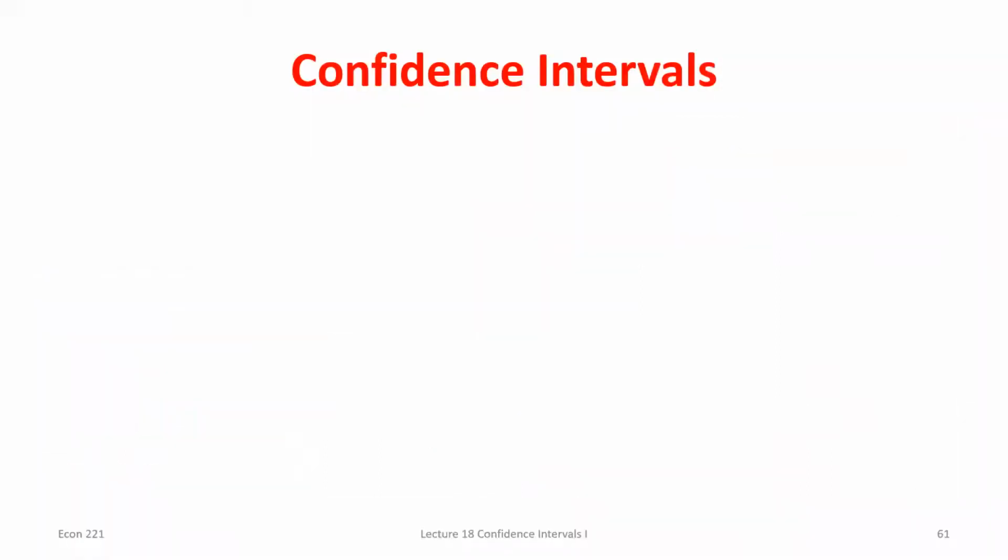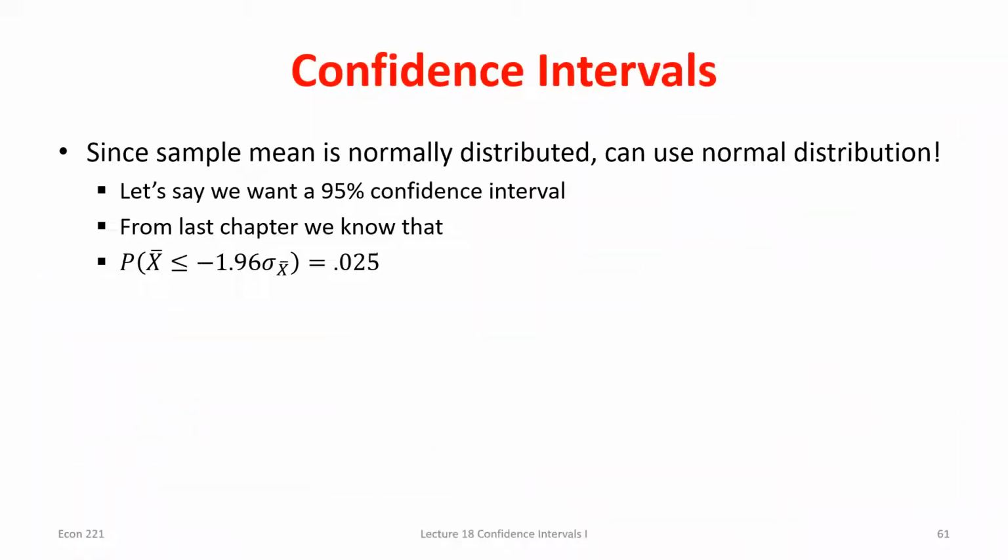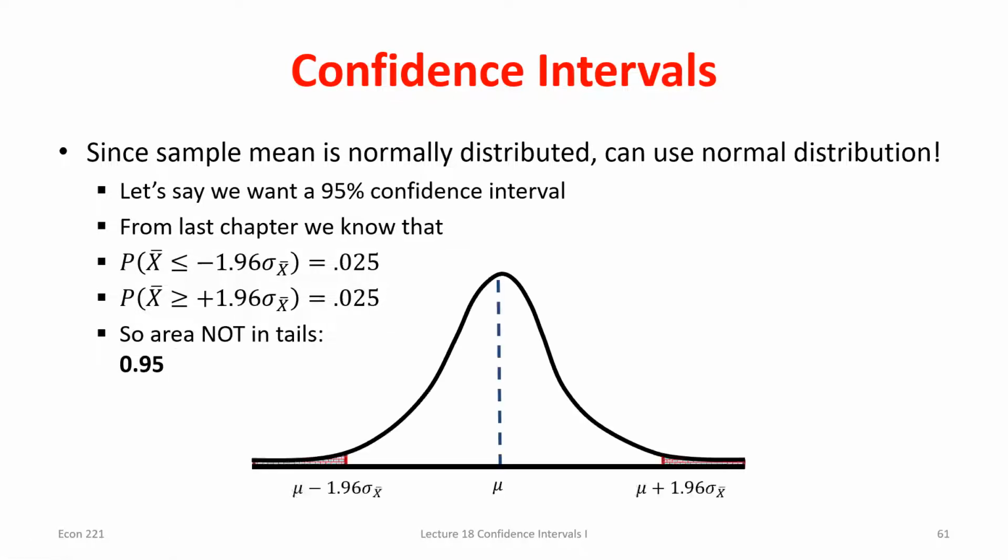So if the area to the left of negative 1.96 was 0.025, then if I have a z-score of 1.96, or go 1.96 standard deviations above the mean, the area to the right of that is also 0.025. So I can say that if I go 1.96 standard deviations below and above the mean, there's a 95% chance that my sample mean is within that blue range.